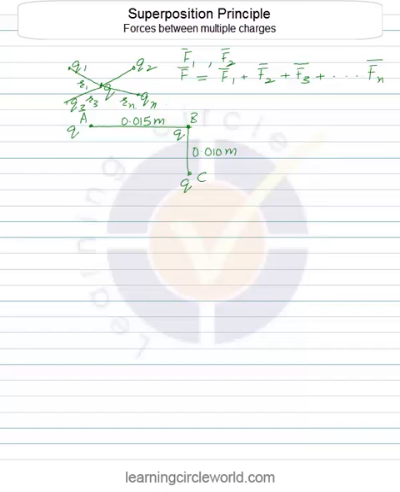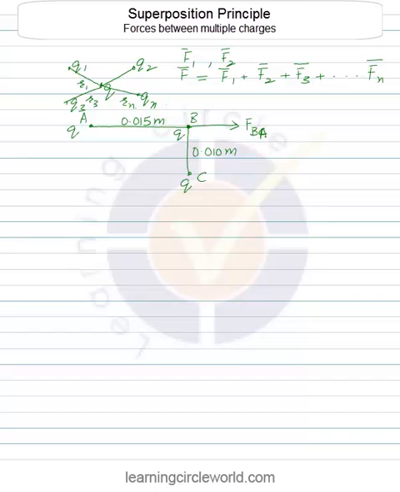Now since the charges are identical, the force on B due to A will be a force of repulsion. So this is indicating the direction of the force on B due to A, or FBA.